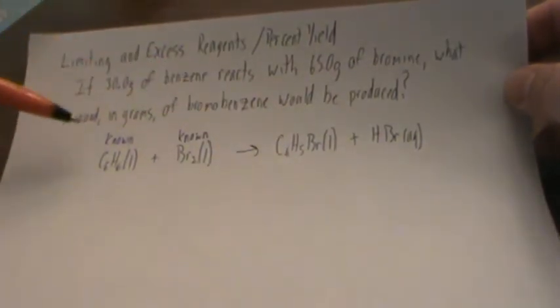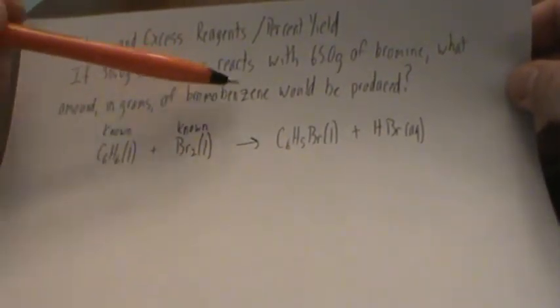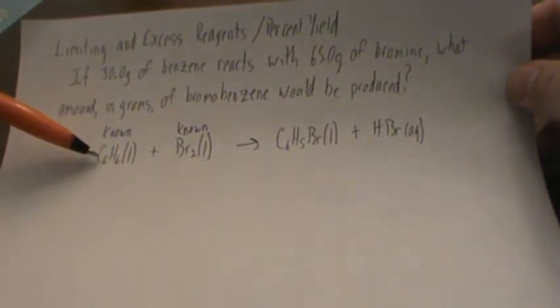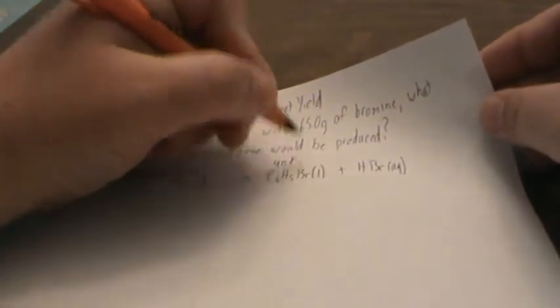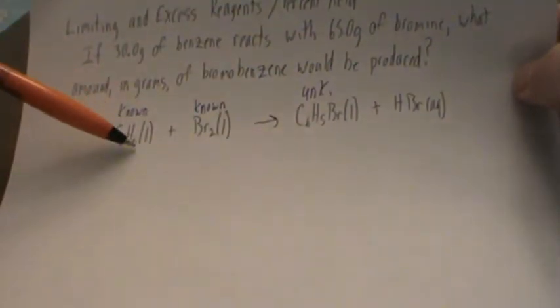Benzene was C6H6, bromine Br2, and bromobenzene, since benzene has 6 carbons and some hydrogens, is going to be C6H5Br. If we look at balancing: 6 carbons, 2 bromines, 2 bromines, 6 hydrogens, 5 over here plus 1 more, 6. So it's already balanced, and that's kind of nice for us for this first problem.